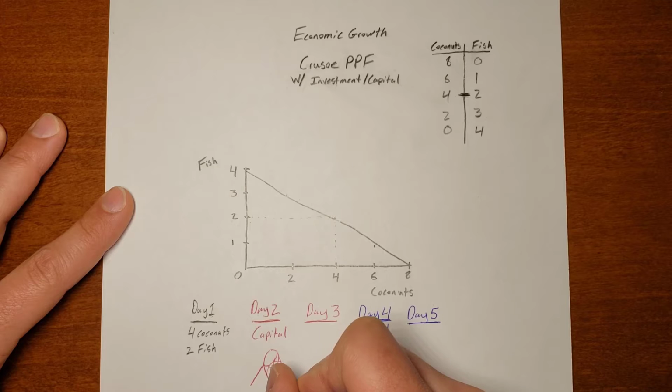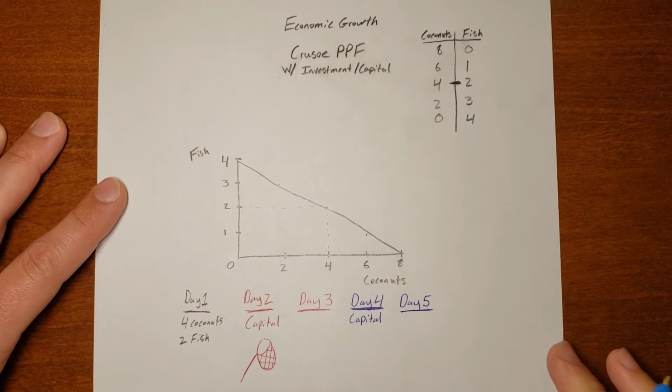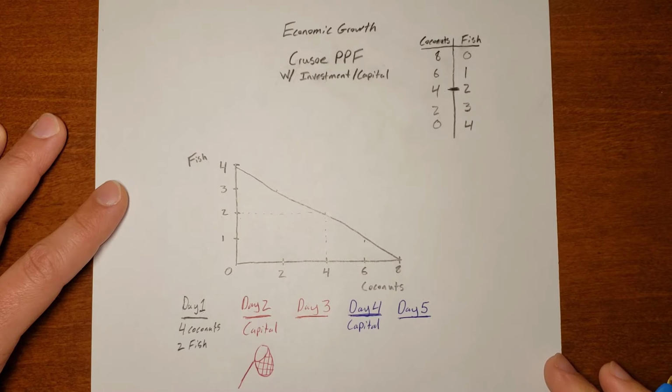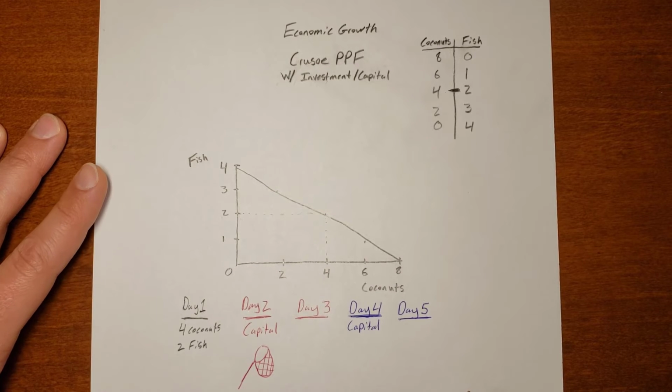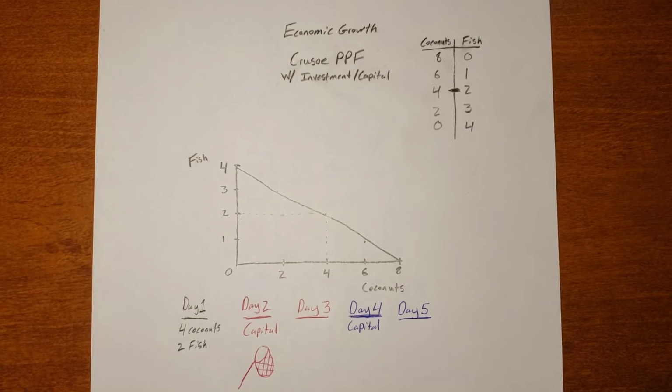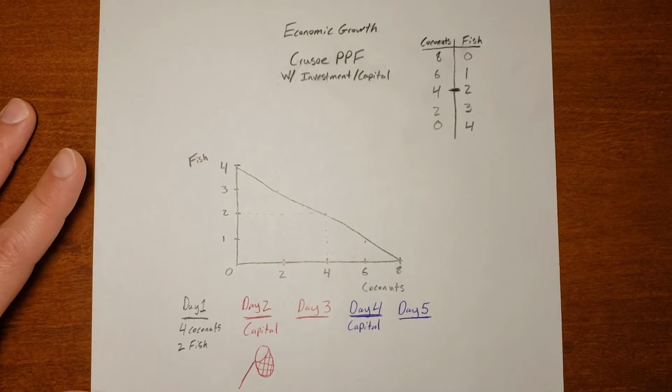Crusoe says, I'm going to put some sticks and vines together and invent this little primitive piece of capital that he's going to call a net. Now, there are other types of capital, like human capital, which might be a skill set or education, ways you can make yourself more productive by becoming a better worker through knowledge or know-how. But in this case, we're talking about physical capital, which is a tool.